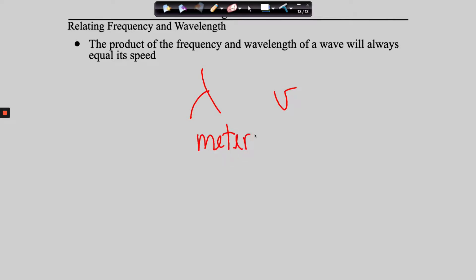What are the units for frequency? Inverse seconds, which means 1 over seconds. Seconds to the -1 means put it in the denominator. What happens when you mush these together? You get meters per second, which is speed. But guys, if our waves are electromagnetic radiation, what do we know the speed is? The speed of light.